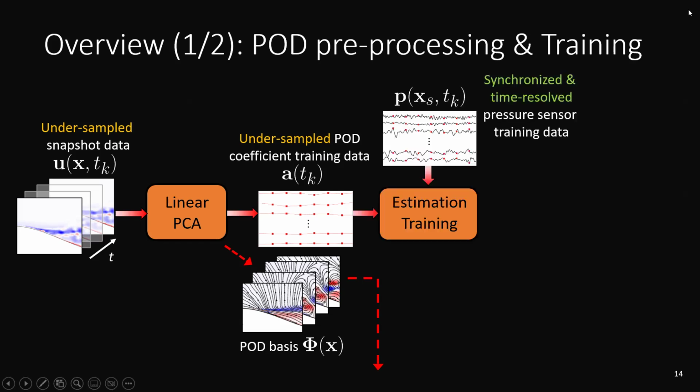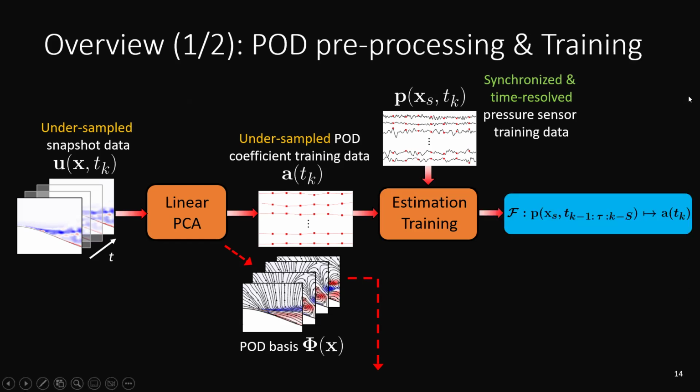So we synchronize them with pressure sensor data, which are time resolved. We do have the high frequency information here, and we build an estimator. The idea is to establish a map that takes us from the wall pressure sensor state to the state of a latent representation of the PIV flow field. Specifically, take note of the notation over here.